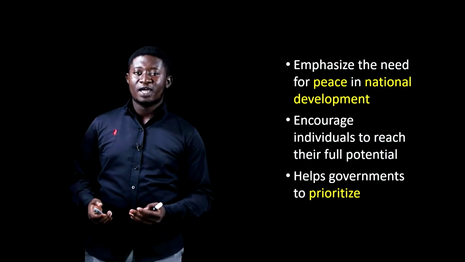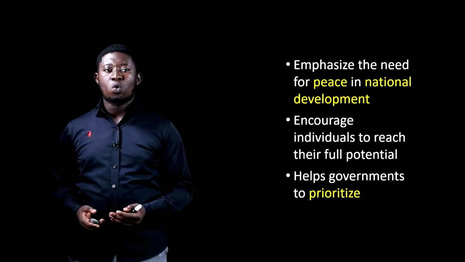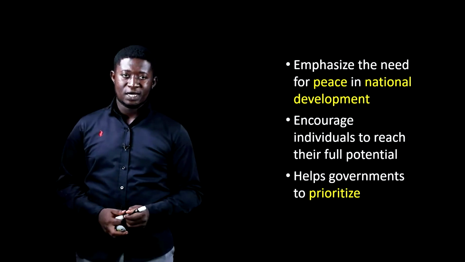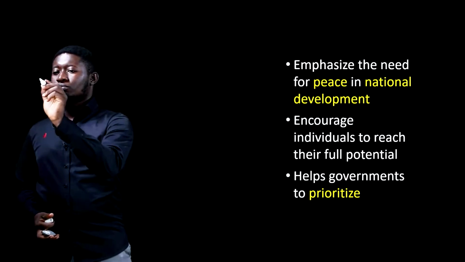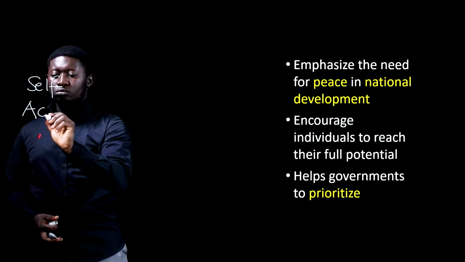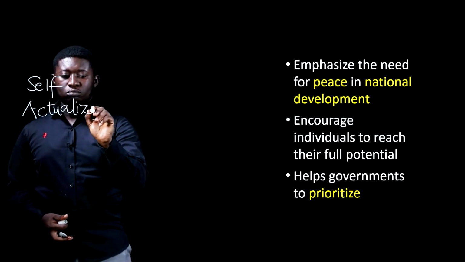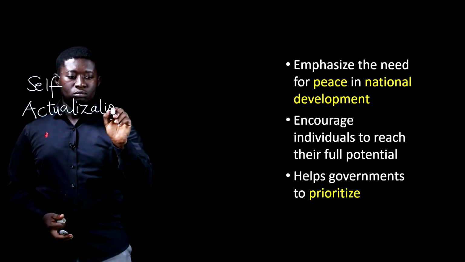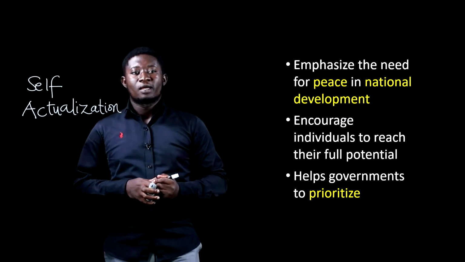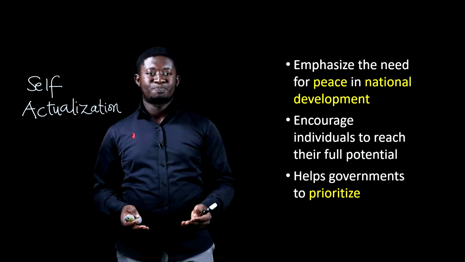Next, we'll talk about the fact that Abraham Maslow's hierarchy of needs encourages people to move on and reach their full potential. Now, this is particularly because of the concept of self-actualization.